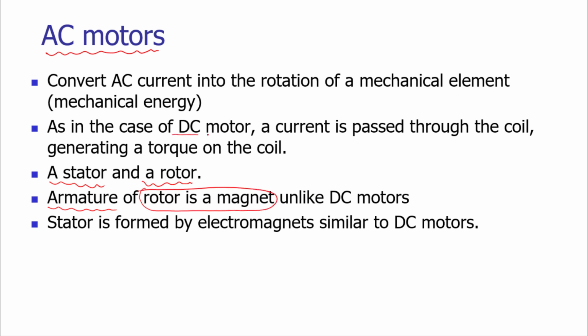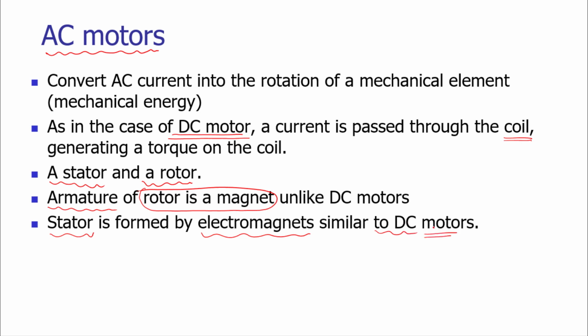So in DC motor there was a current carrying coil, but instead of a current carrying coil, we are using a permanent magnet as a rotor in the AC motors. Well, the stator body is formed by electromagnets, which is very similar to the DC motors.